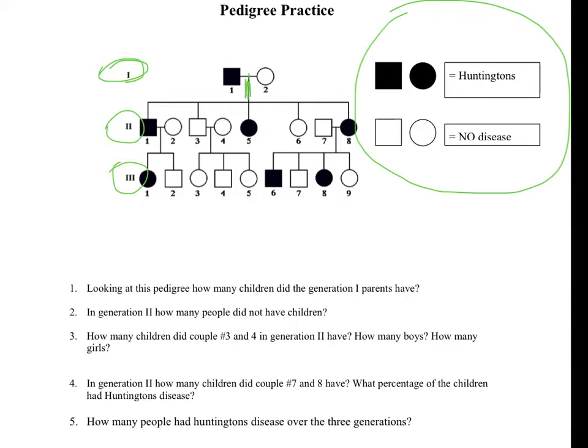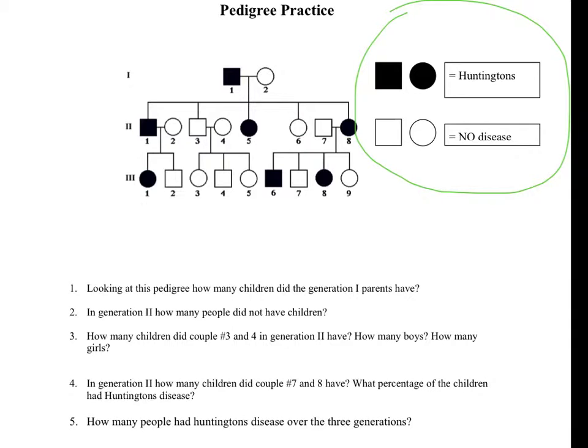This line here connects to, if we follow it, one child, a boy, another child, a boy, another child, a girl, another child, a girl, and another child, a girl. So if we count, they had 1, 2, 3, 4, 5 children. How many children did generation 1 parents have? The answer there is 5.